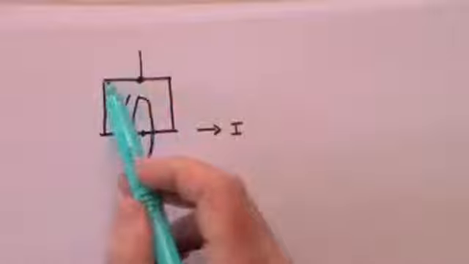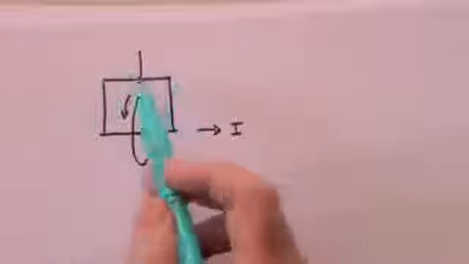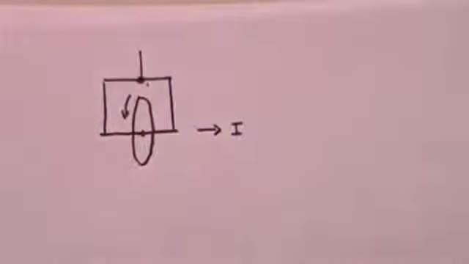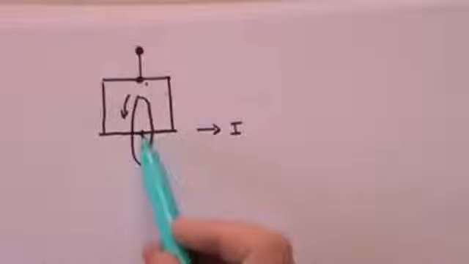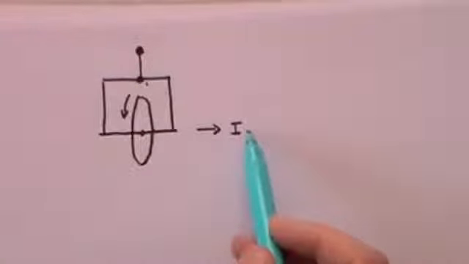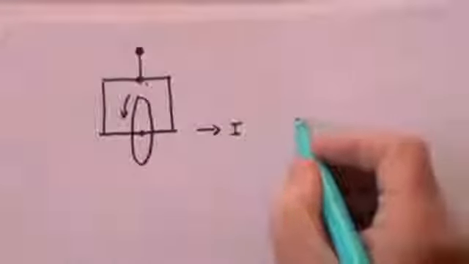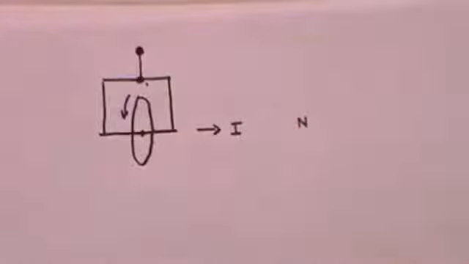So this is free to swivel on this particular pivot point here. Now let's say I walk about holding this point here. The angular momentum vector is pointing in that direction, and let's say I pointed in the direction of north.